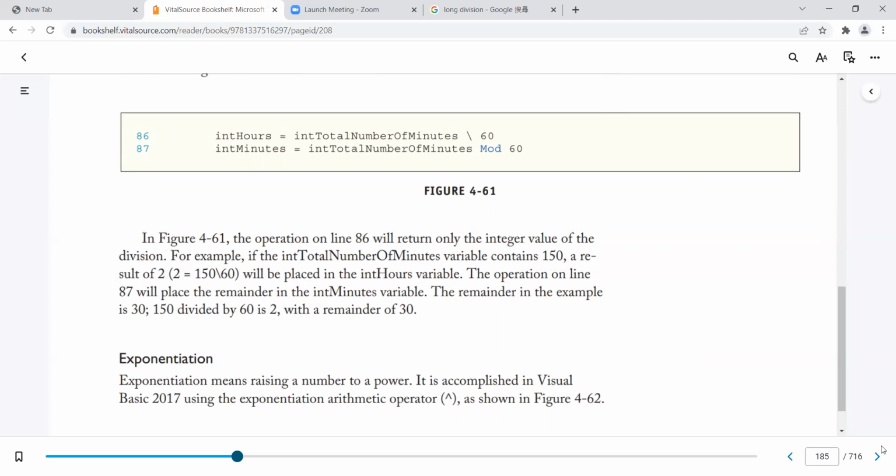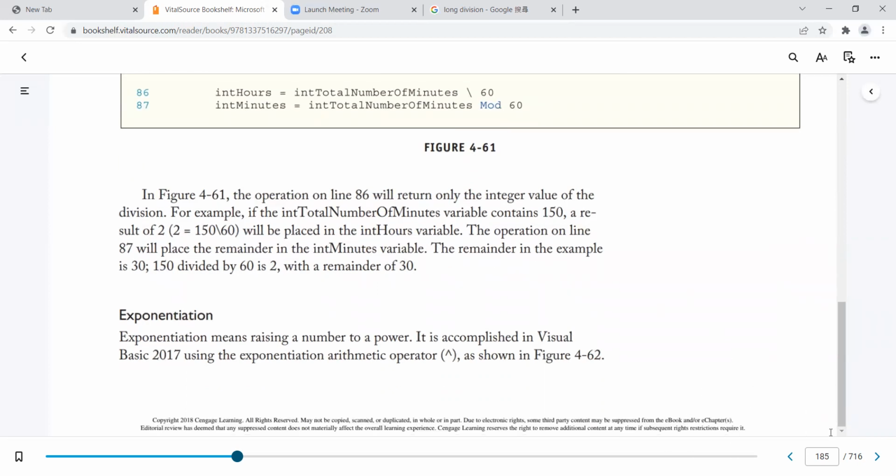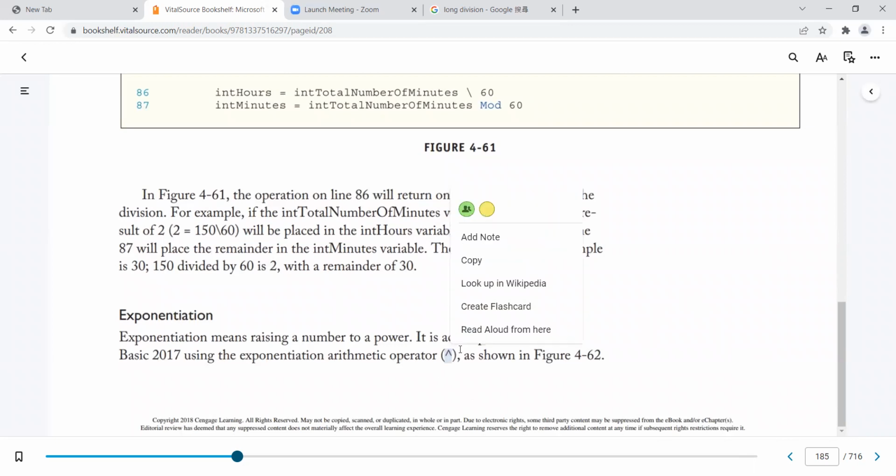Okay, back to topic. The last one we talk about is exponentiation. The good thing for VB is that we have an exponent symbol to perform exponents, but other languages don't have this. We have to use an existing function from the library to perform this calculation.